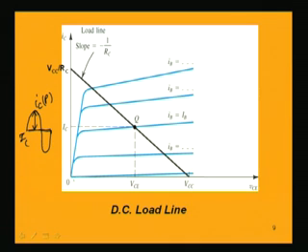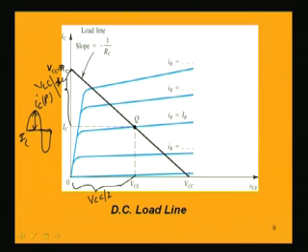How much is that value? This point is VCC by 2, this is VCC by 2, and this whole is VCC. So the maximum swing on either side from the DC value is VCC by 2 RC, and similarly towards the lower side also VCC by 2 RC, because the total value is VCC by RC.